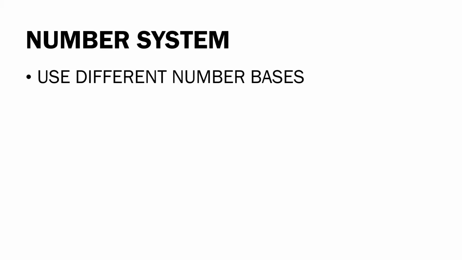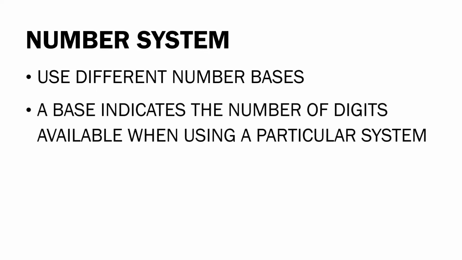And to wrap up, number systems use different number bases: 2 for the binary, 10 for the decimal, 8 for the octal, and 16 for the hexadecimal. And a base indicates the number of digits available when using a particular system. For example, binary is a base 2 number system which uses 2 digits, 0 and 1. Decimal is a base 10 number system which uses 10 digits from 0 to 9.